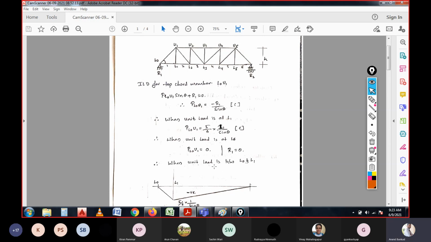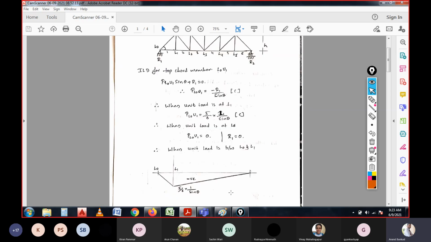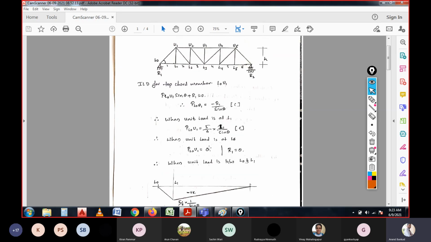When the unit load is between L0 and L1, the influence line diagram can be shown in this manner, with what we have derived, 5 by 6 into 1 by sin theta. Up to this part, if you have any doubts, please let me know, else we can move further.